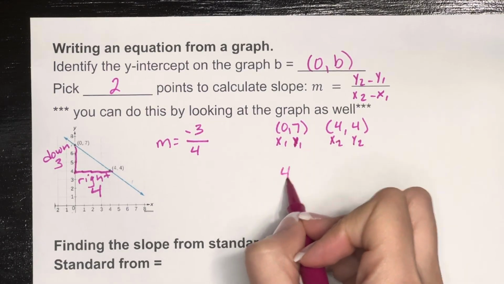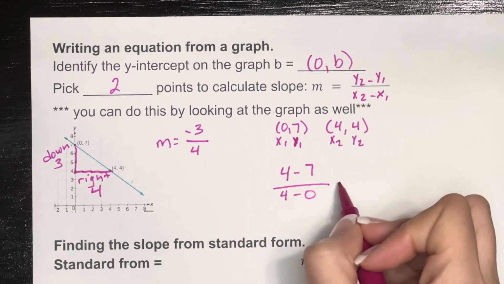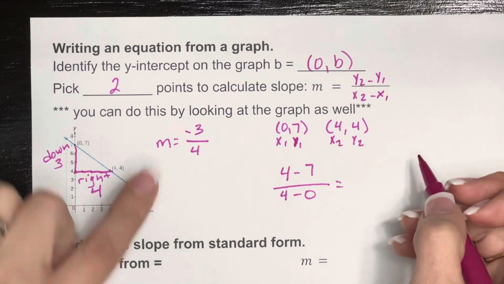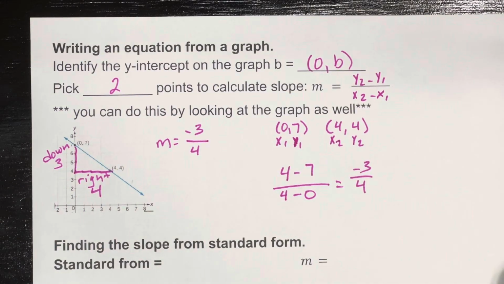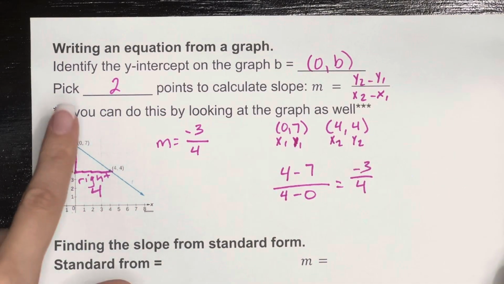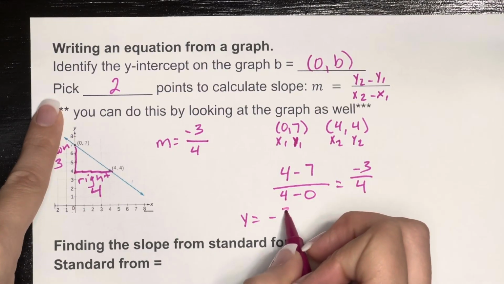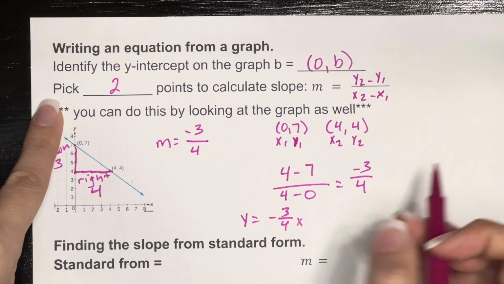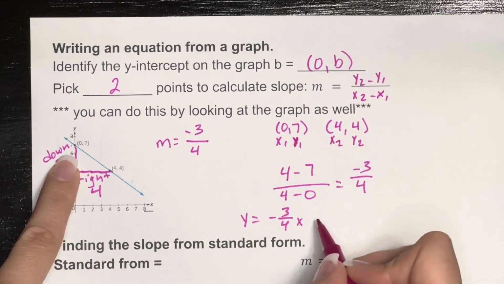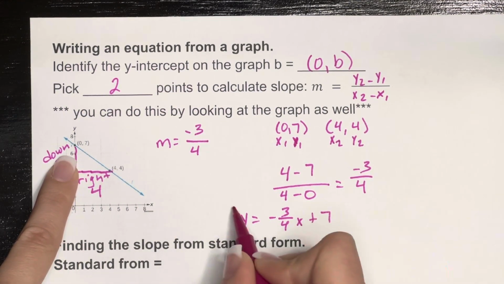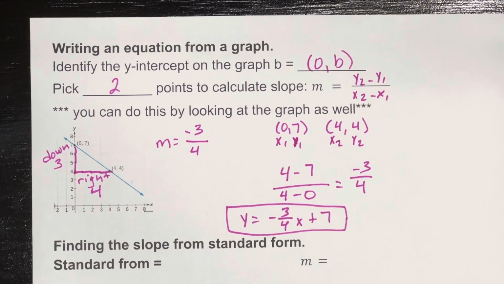So it's going to be 4 minus 7 over 4 minus 0, which gives us the same slope of -3 over 4. Now to write our equation, we should have y equals our slope, -3/4 x plus b. Our b is 7, so plus 7.